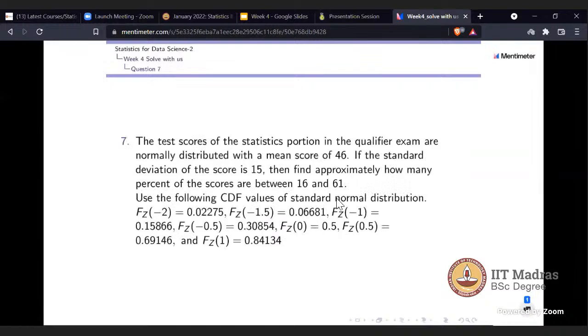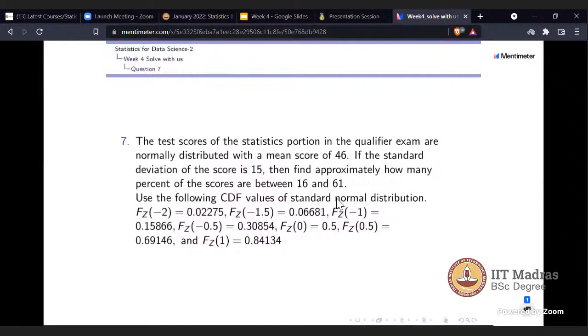So the question says the test scores are normally distributed with the mean score of 46. So your random variable here is the score obtained by students in the qualified exam. And it says it is normally distributed. Your distribution is normal where the mean score is 46 and the standard deviation is 15.